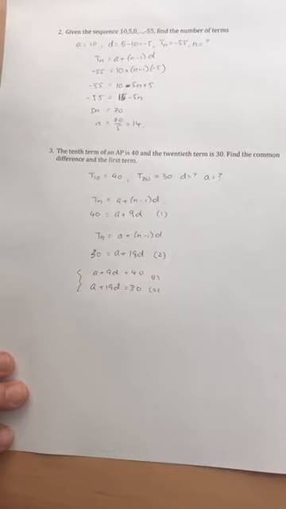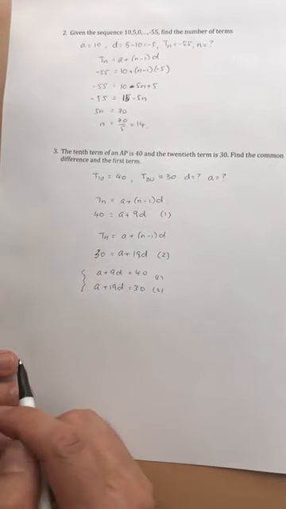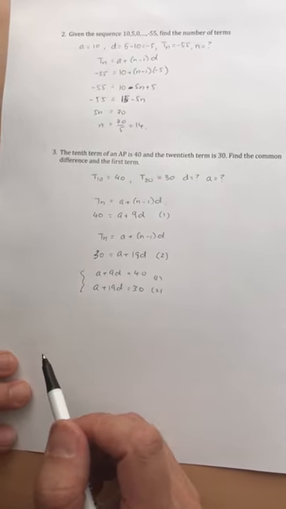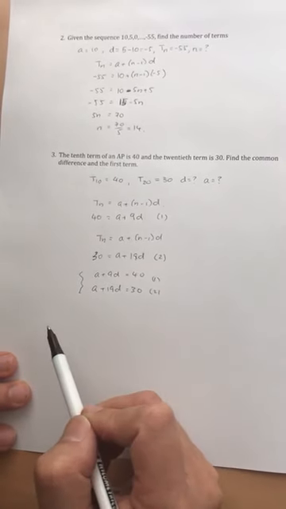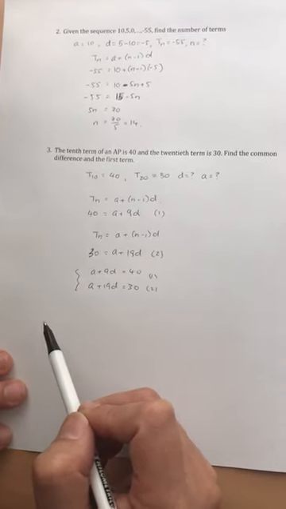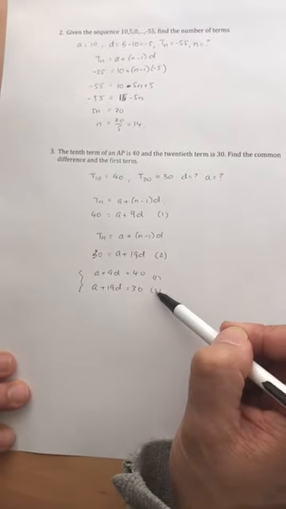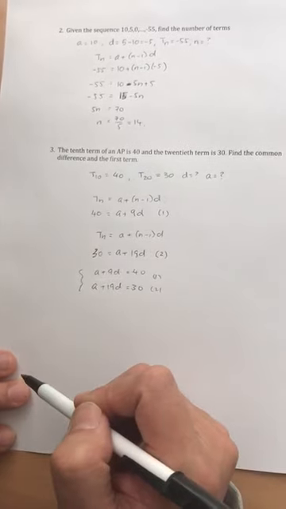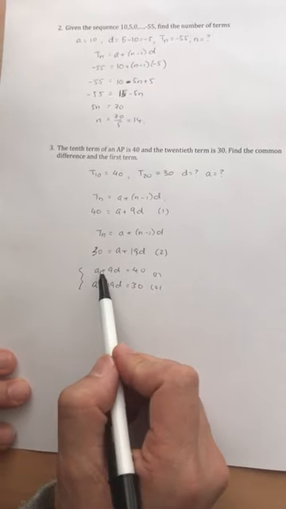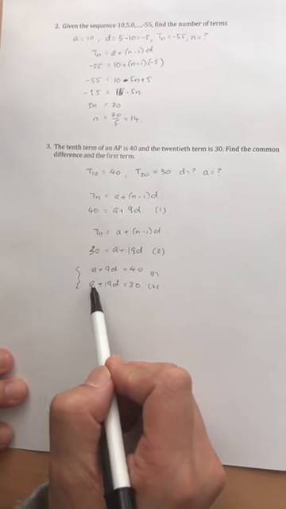Whenever you're solving simultaneous equations, you can either use the substitution method or you can use the elimination method. We can see here that we have A and A. So in this case, it's easier to use the elimination method because if we get equation 2 and we minus equation 1, A disappears. We could also take equation 1 minus equation 2, A also disappears.